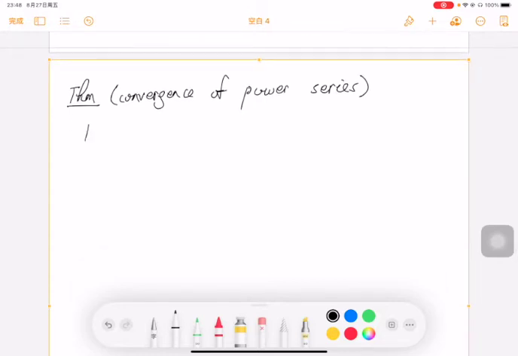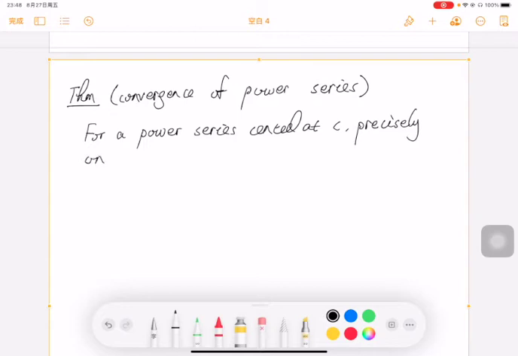It says for a power series centered at C, precisely one of the following is true.